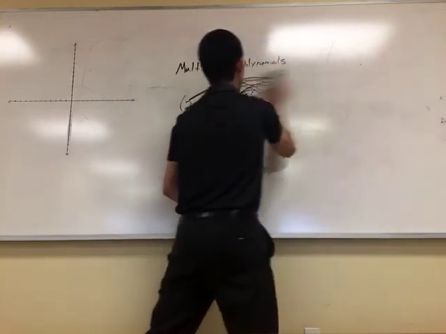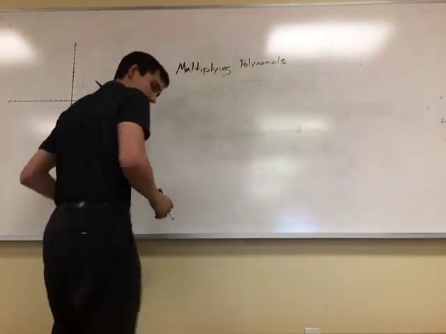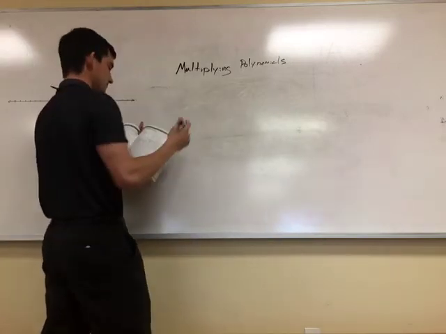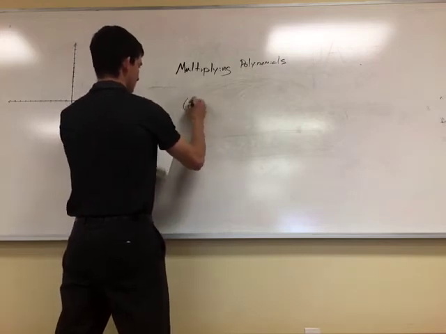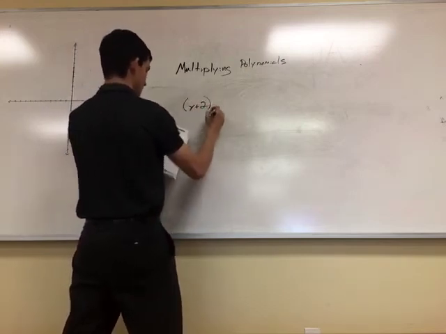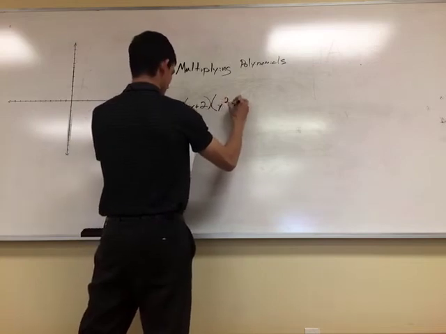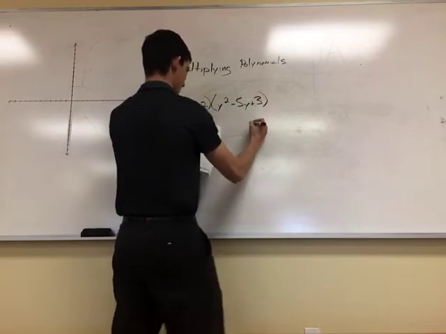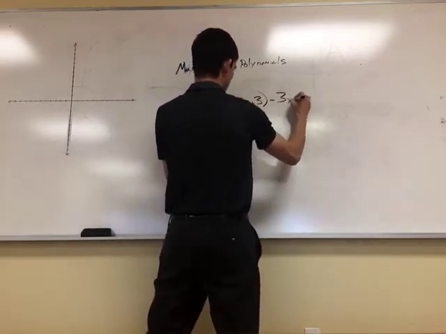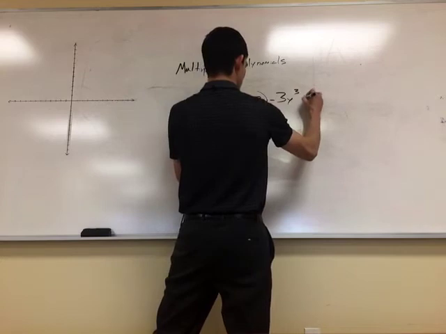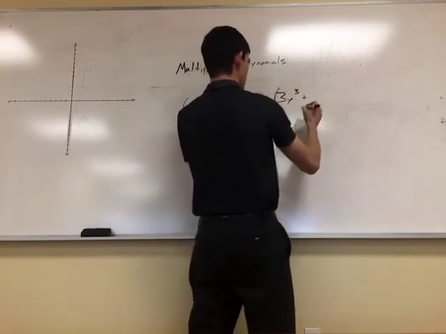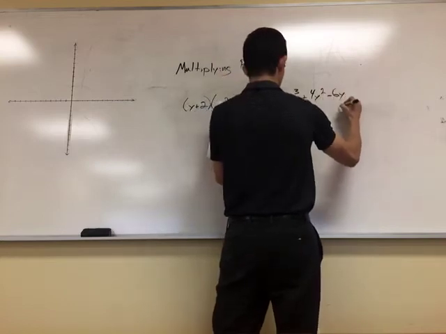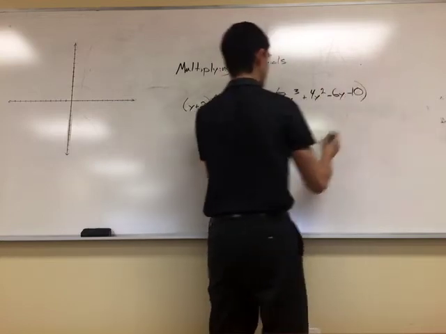Now here's what some of the applications might look like. Well, here we go. Let's do one more before I do one application. I'm going to do this one right here. It says y plus 2 times y squared minus 5y plus 3 minus 3y cubed plus 4y squared minus 6y minus 10.